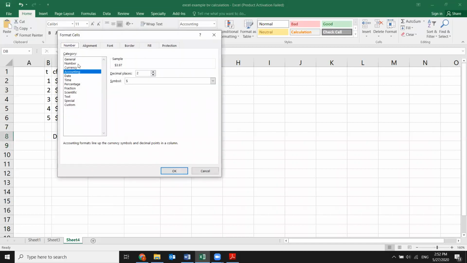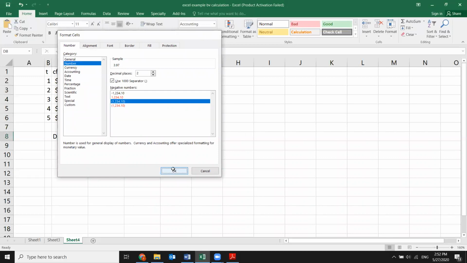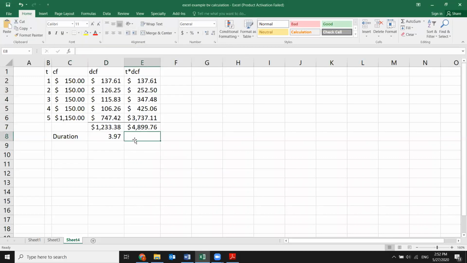It's just a number that measures in terms of years, so 3.97 years. So this is what we've been looking for. Approximately it's 4 years, but let's leave it as 3.97. So this is how we calculate it.